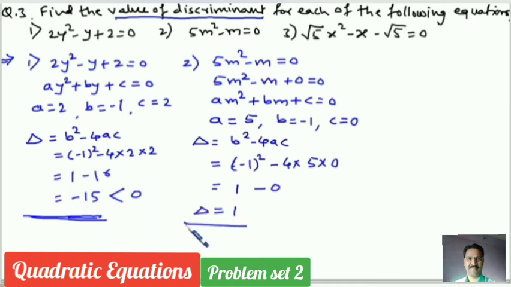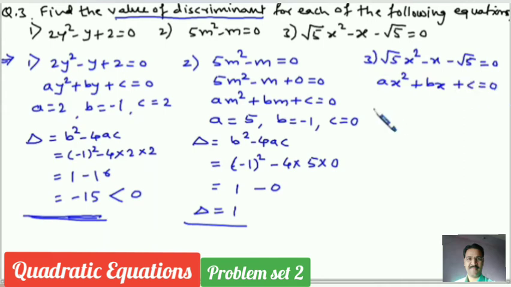Okay, now what about the third one? Here it is root 5 x square minus x minus root 5 equal to 0. Again I will compare with the standard form, that is ax square plus bx plus c equal to 0. So a is root 5, b is minus 1 and c is minus root 5.